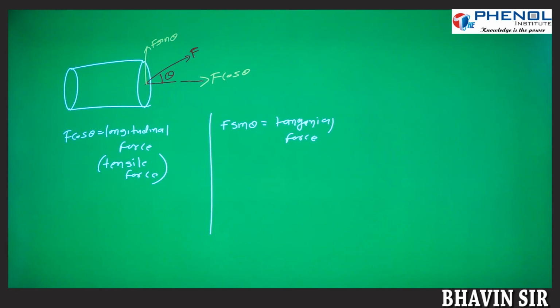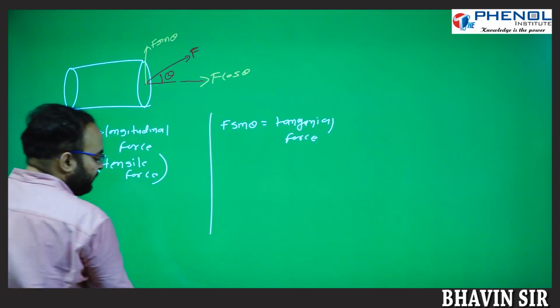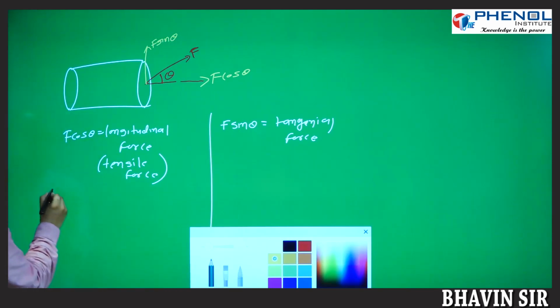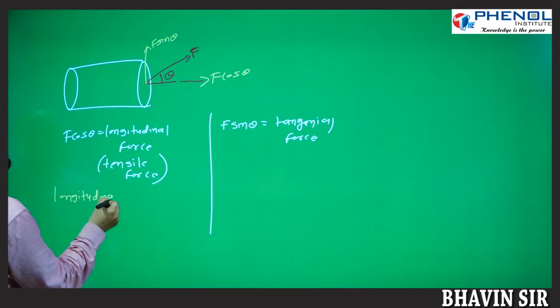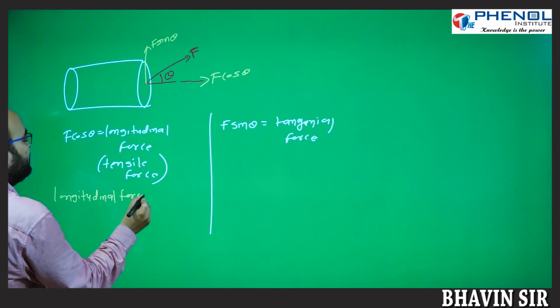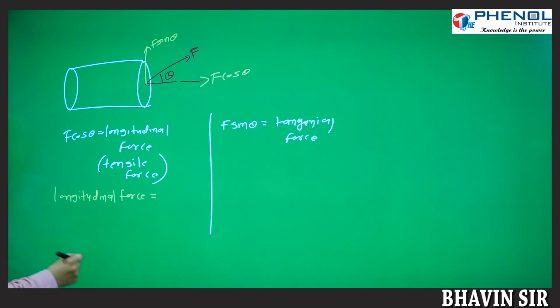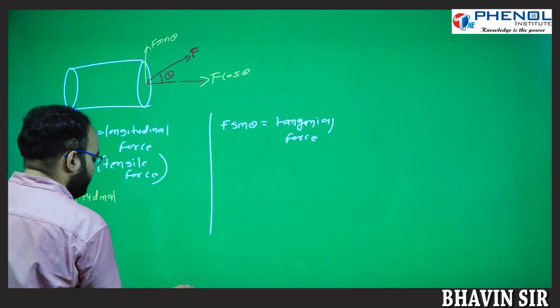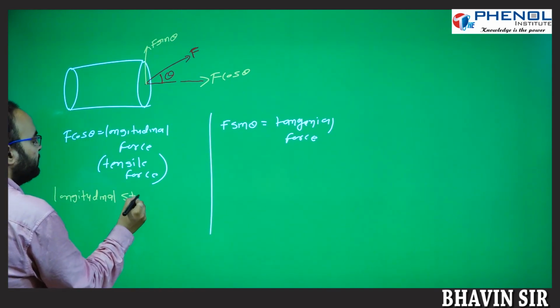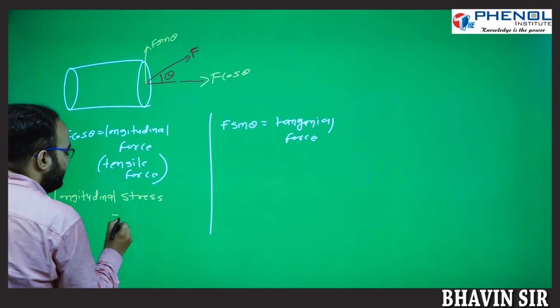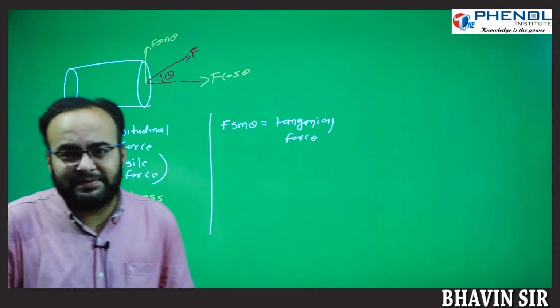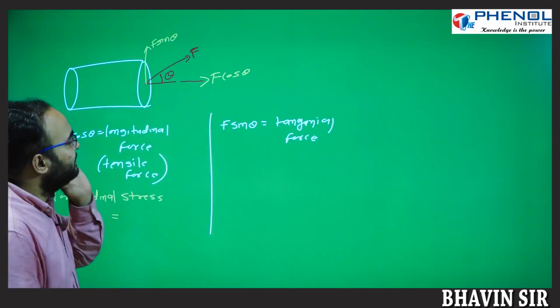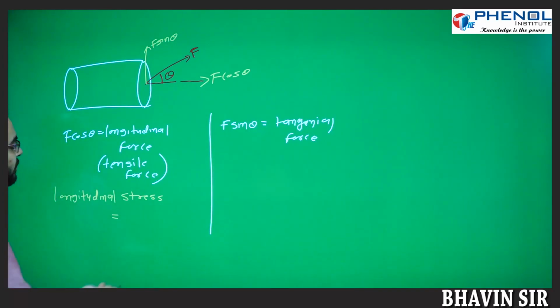Okay. So what is the meaning of longitudinal stress? Longitudinal stress means longitudinal force by area, because stress means force by area, but here we consider the tensile force or longitudinal force.